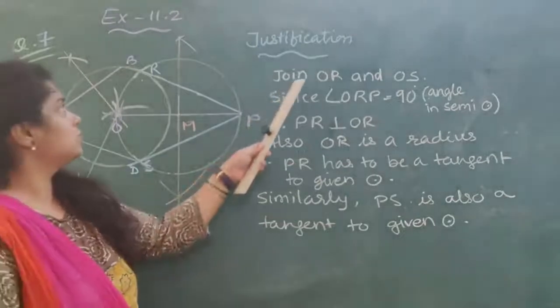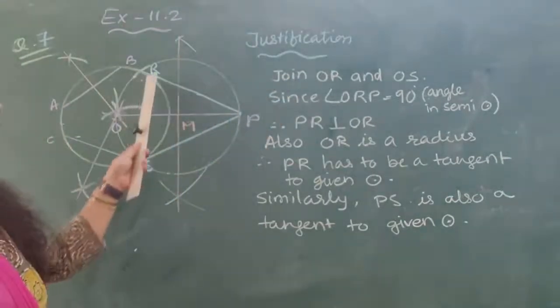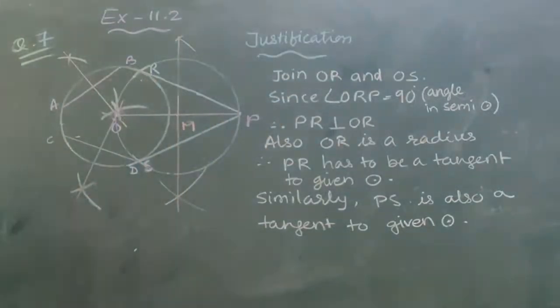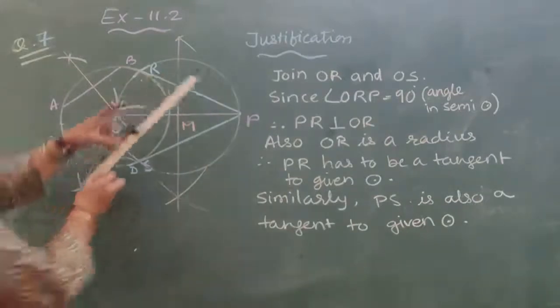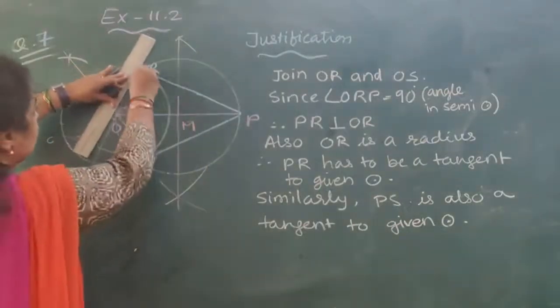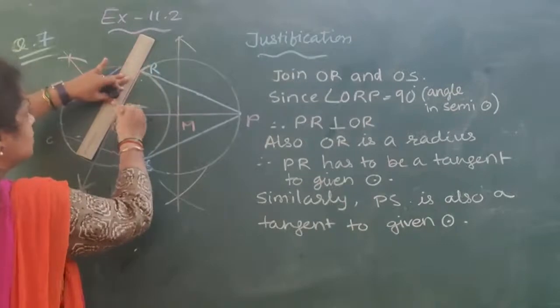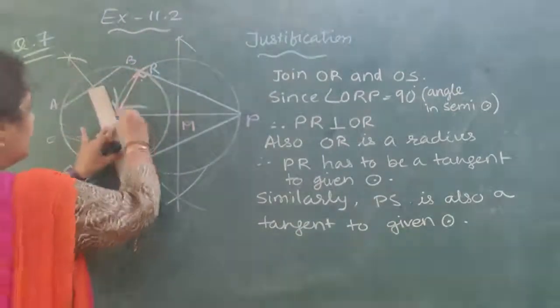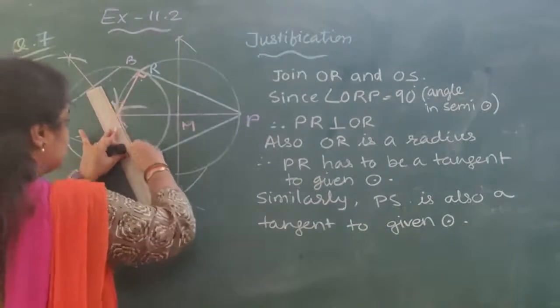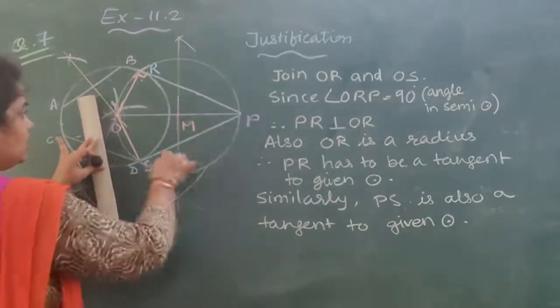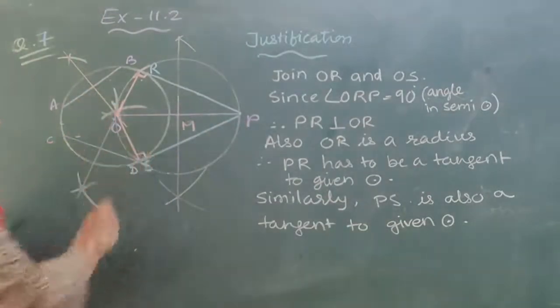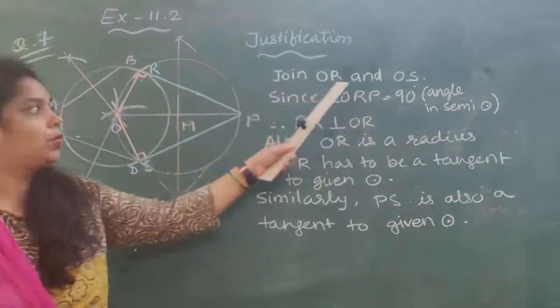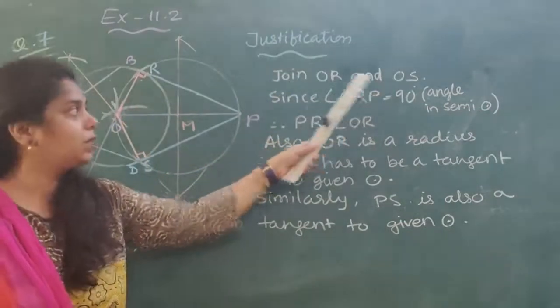So in the justification, first of all we have to join OR and OS. As you see, it is in a semicircle, so this is 90 degrees. And if we join OS, again this is the lower semicircle, so again it is 90 degrees. So joining OR and OS is the first step to write.